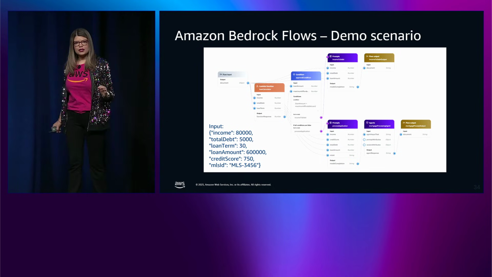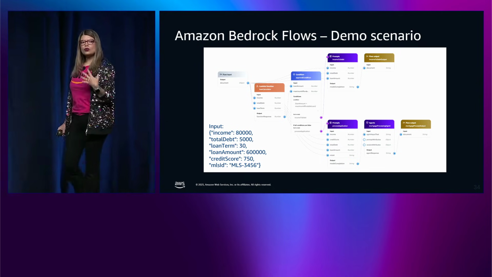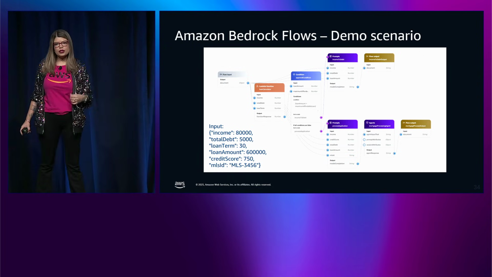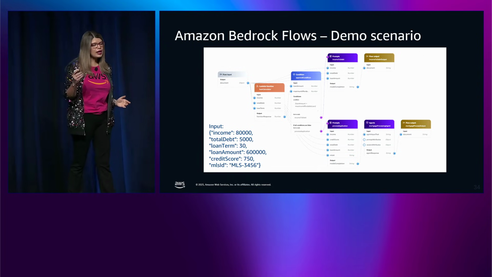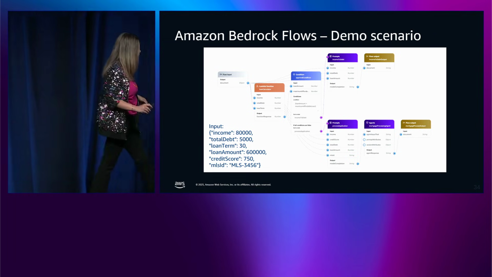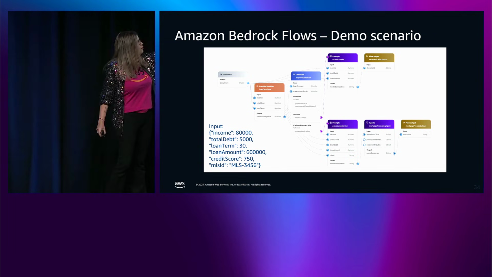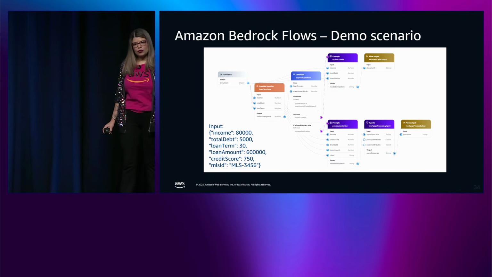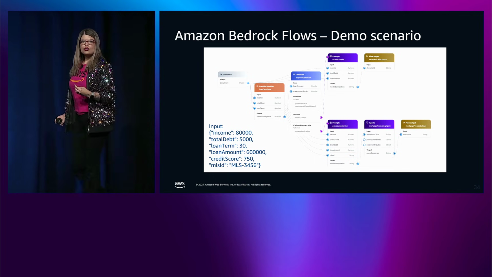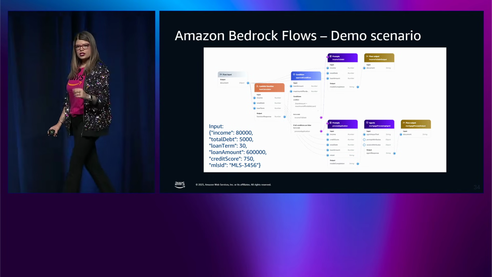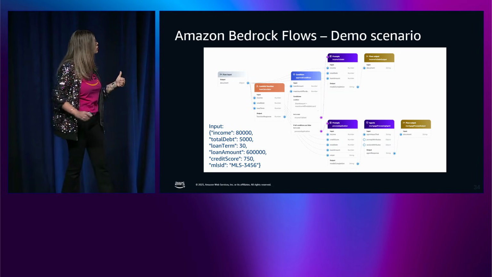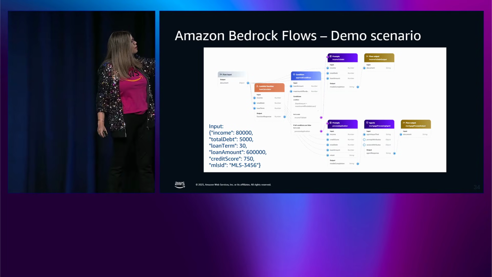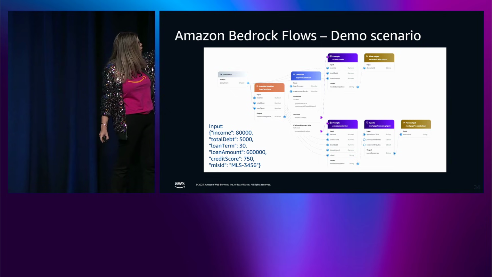In this Lambda function, we are going to perform a calculation to check if this customer will be approved. So it depends on the results. We have a condition over there. If the loan amount is greater than the maximum affordable loan, so the maximum amount that this person is able to pay, we will send this to the prompt in the top.